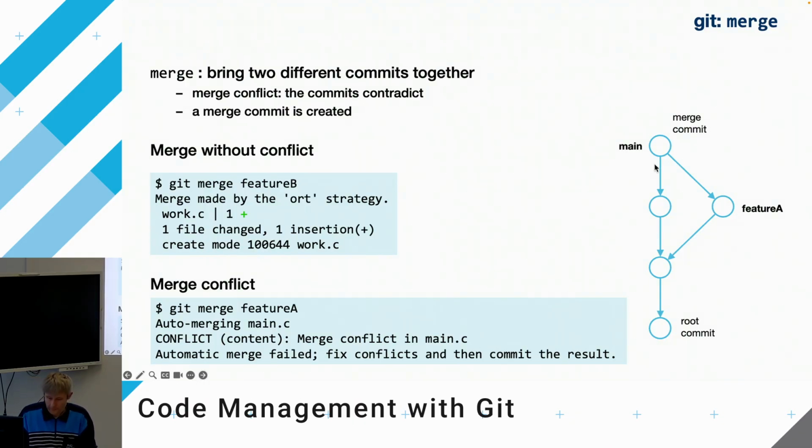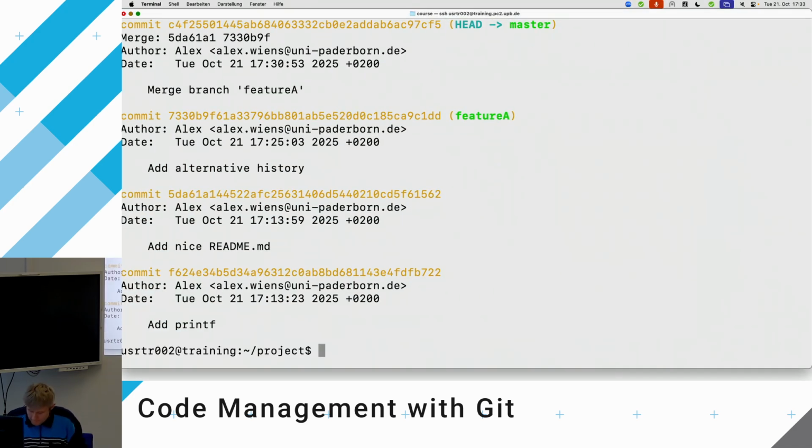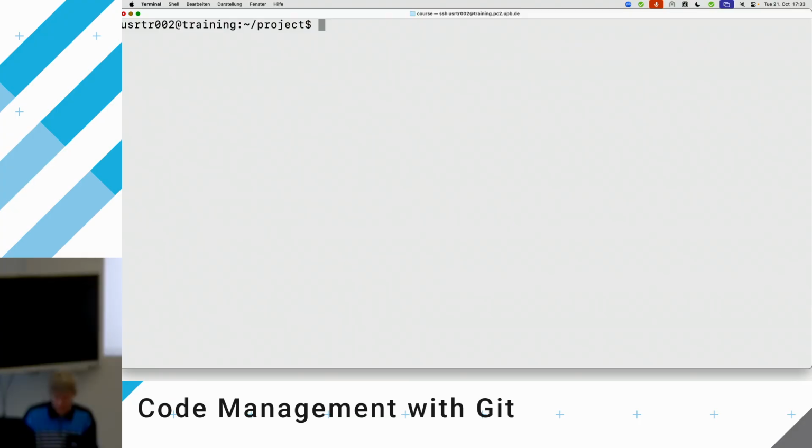Let's talk about one other little feature at this point, which is tags. And tags are basically just a different type of label for your branches.